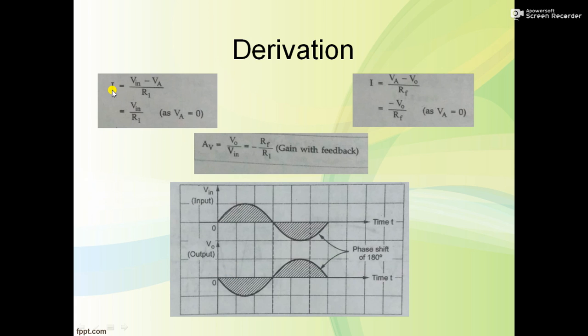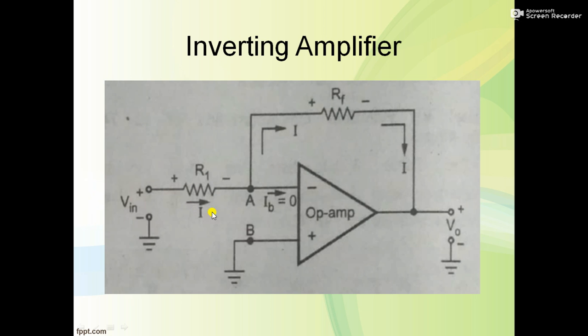Next, the current at the input side. According to Kirchhoff's voltage law, first write the voltage equation: plus Vin minus I into R1 minus V of A is equal to 0.